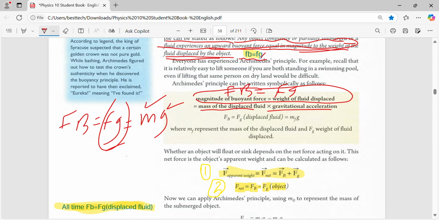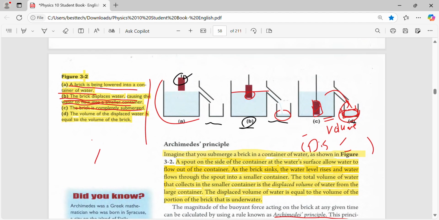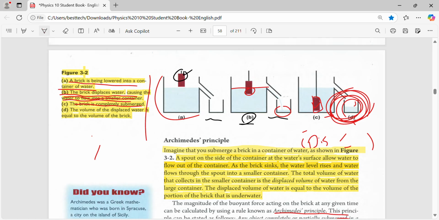This Fg is the weight of the water that comes out into the small container after we put in the object.